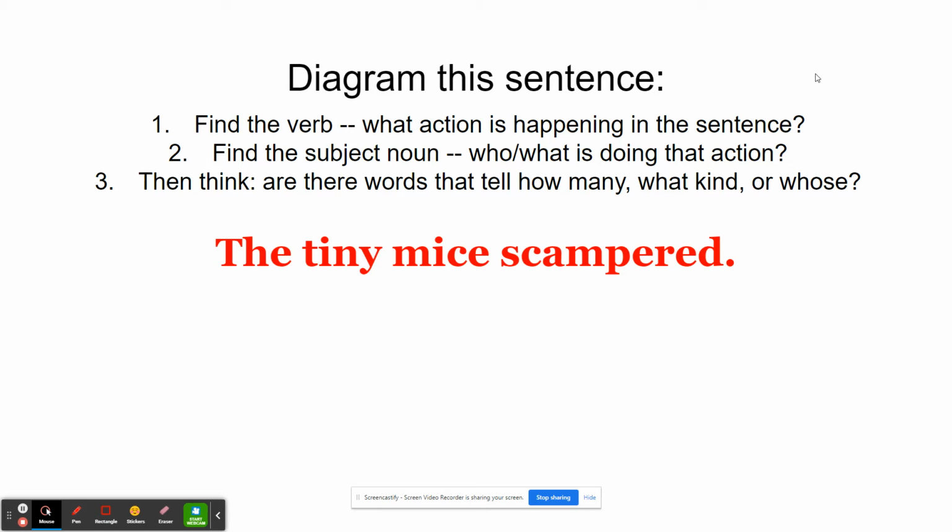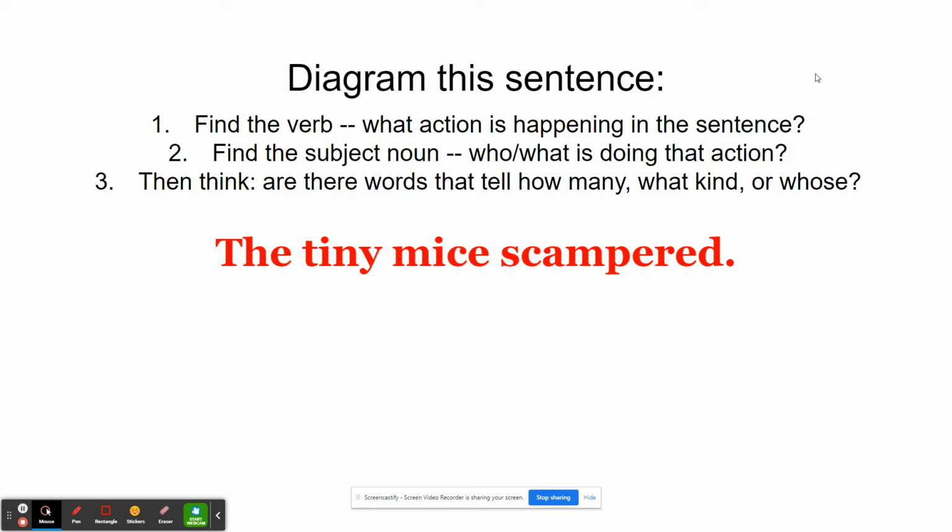Teddy. Scampered. Who or what scampered? Liam. Mice. That's our core, everyone. Mice scampered. Any words that tell us how many, what kind, or whose mice?